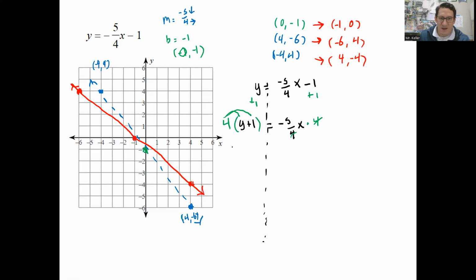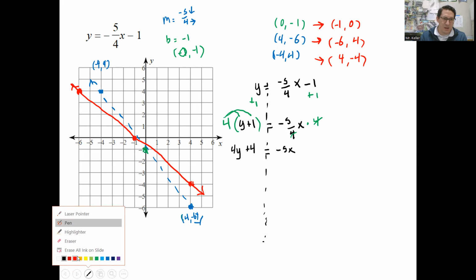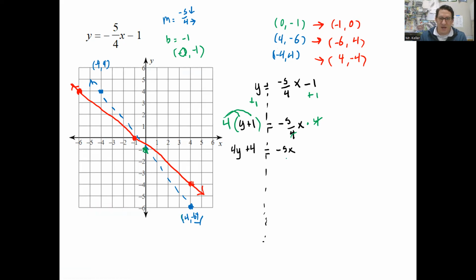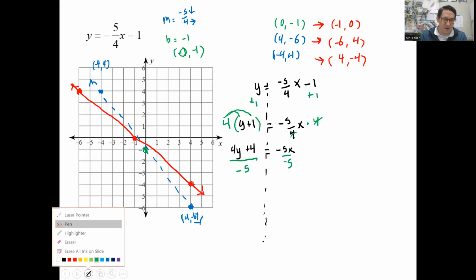So on the left side, I get 4y plus 4 is equal to negative 5x, and then divide both sides by negative 5. You have to divide the whole side here by negative 5.